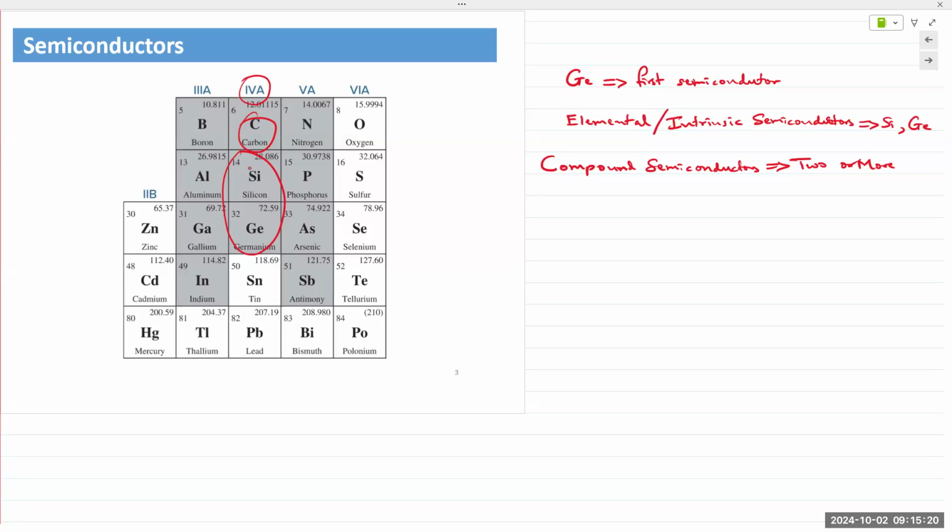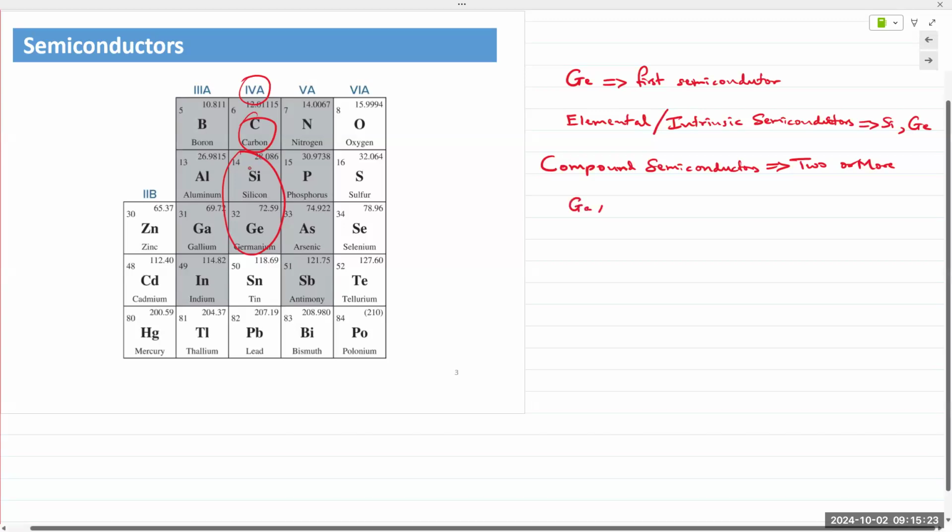So we have gallium arsenide, gallium nitride, indium phosphide, and then let's see, cadmium sulfide, CdS. I believe I've also seen cadmium telluride.